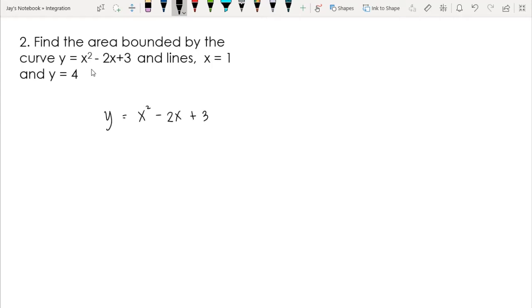Now, we know that this form is the same as our general equation of parabola, which is (x minus h) squared is equal to plus or minus 4a times (y minus k). However, how are we going to change this into this form?